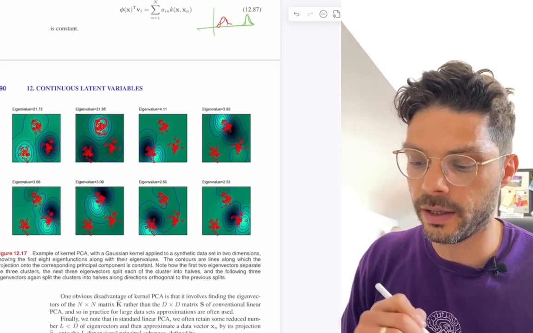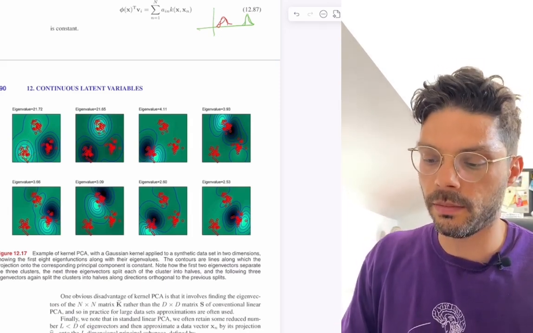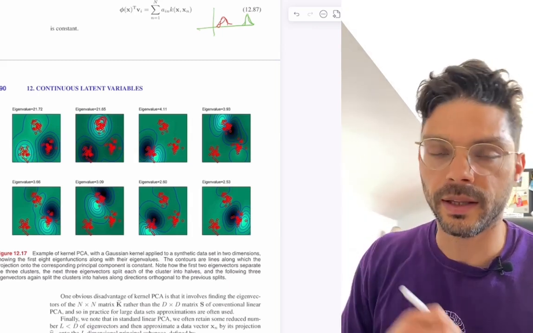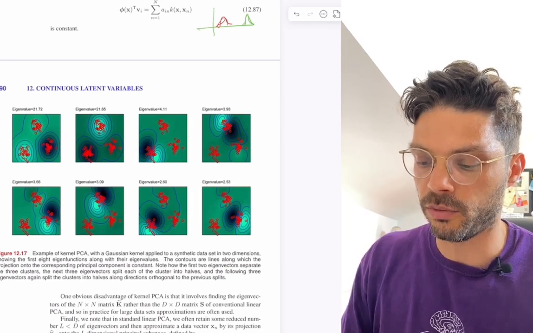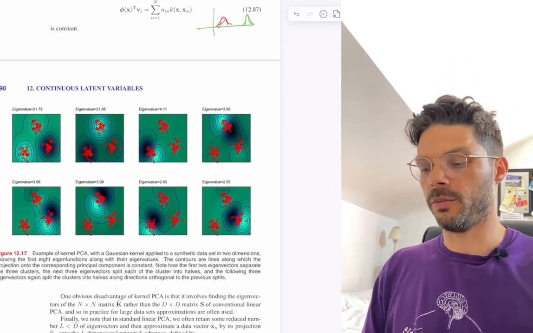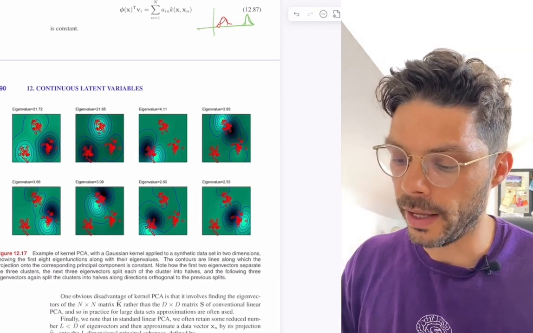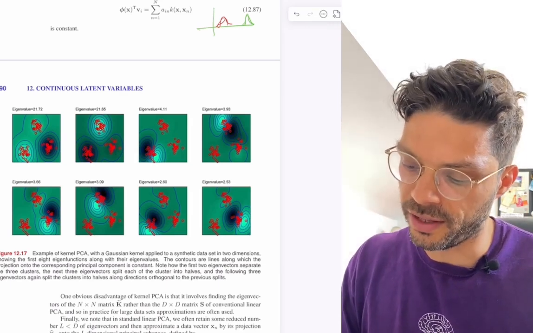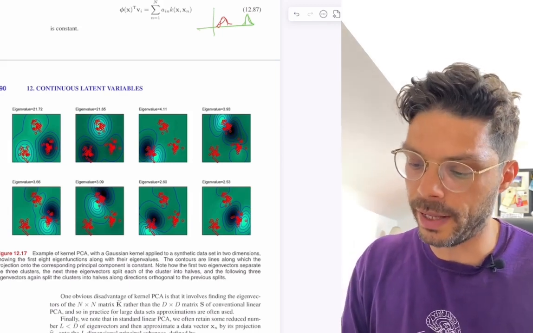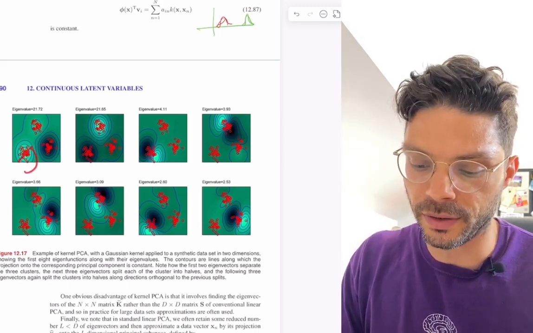Similarly, the second one is kind of cool, right? The second cluster really doesn't like this one, and the cluster over here is intermediate. As you go on, for this third eigenvector in feature space, when you map it back, it actually seems to split this cluster a little more.